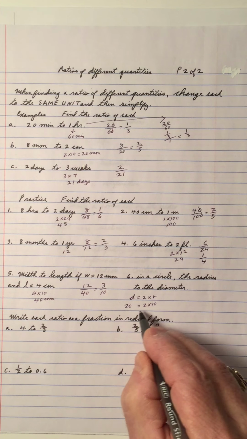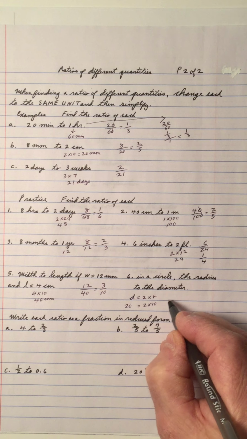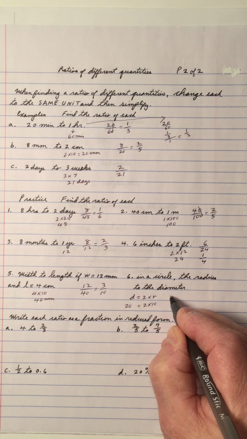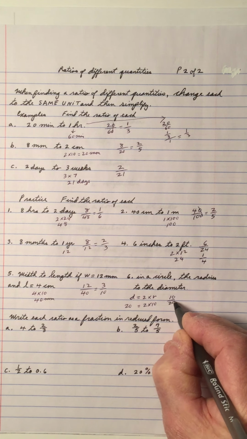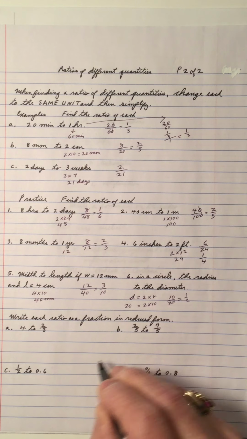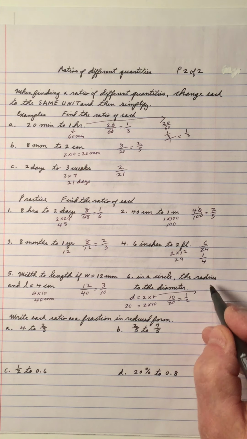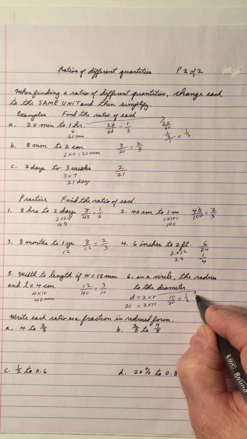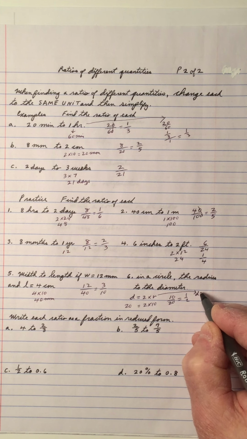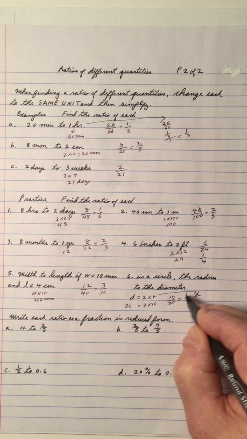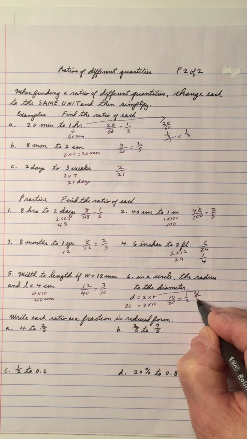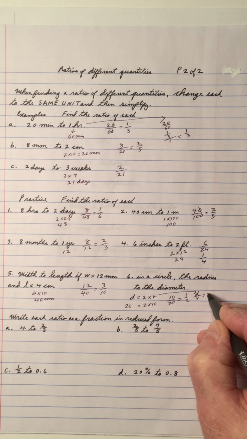So if you look at that example, you have 10, which is the radius, over 20. And 10 over 20 is 1/2. But if you look at this formula right here and divide both sides by r, you get diameter to radius is 2.